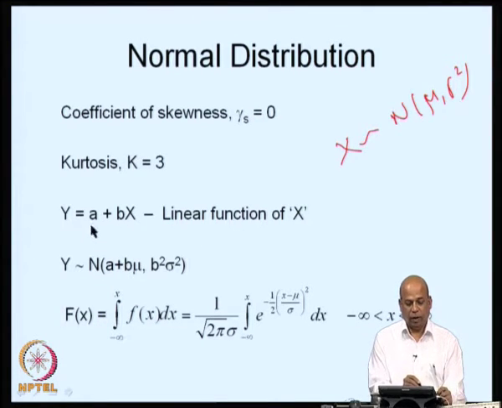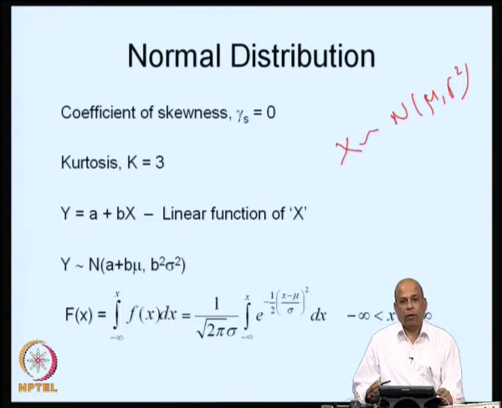So, y we define as a plus b x, which is a linear function of x, then y is also normally distributed. It can be shown very easily that y is also normally distributed with the parameters a plus b mu and b square sigma square. That means, the mean of the random variable y will be a plus b mu and the variance of the random variable y will be b square sigma square.